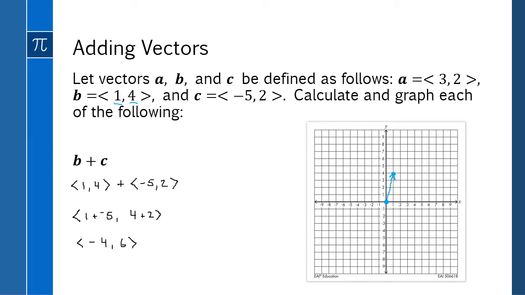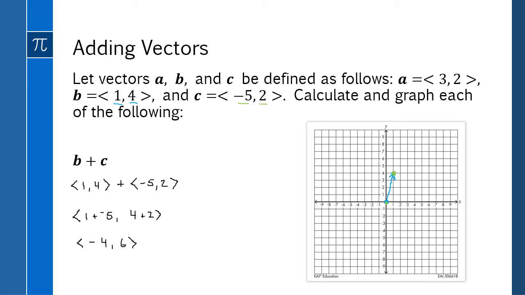And then we're adding to that vector C. Vector C has coordinates -5, 2. So from my starting point, I would be going to the left 5 and up by 2. So instead of starting from the origin, I'm going to start where my last graph ended.